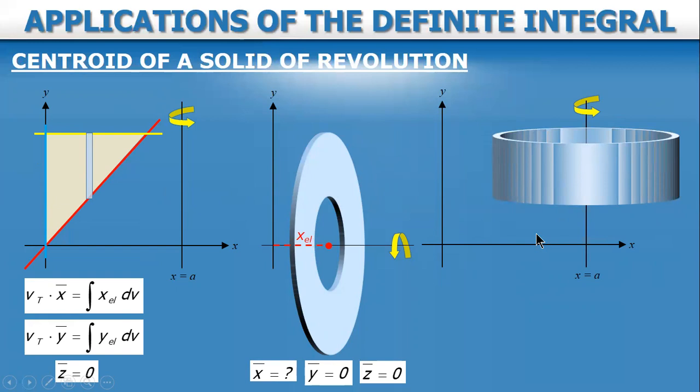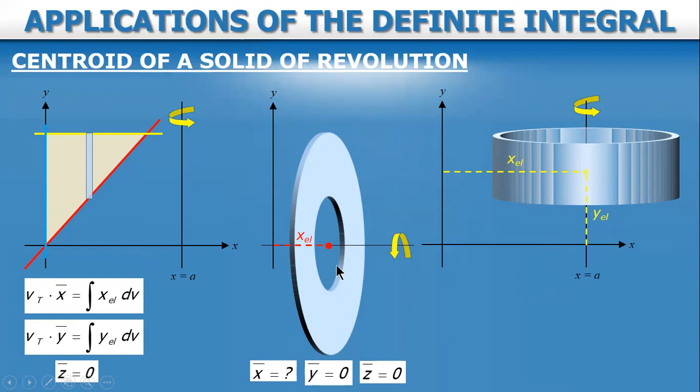If you look at the centroid of this elementary cylindrical shell, here is the centroid. The distance of the centroid to the y-axis is our x sub EL, and the distance of this centroid to the x-axis will be our y sub EL.